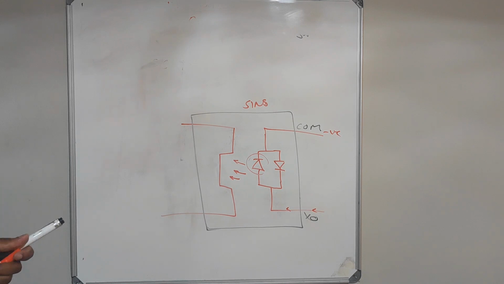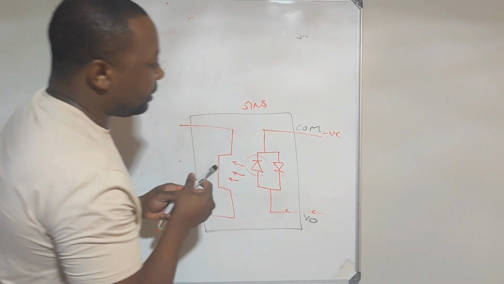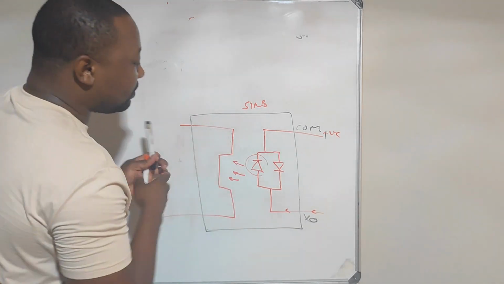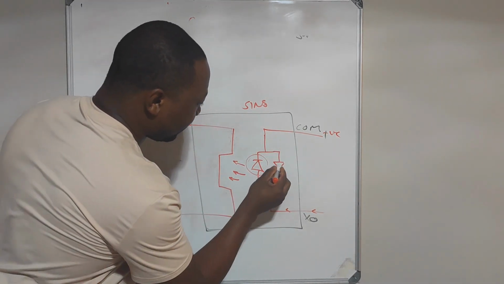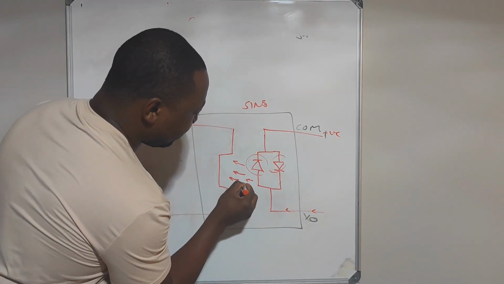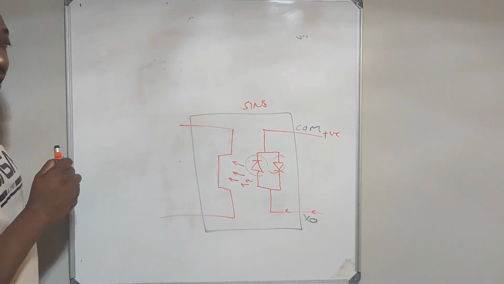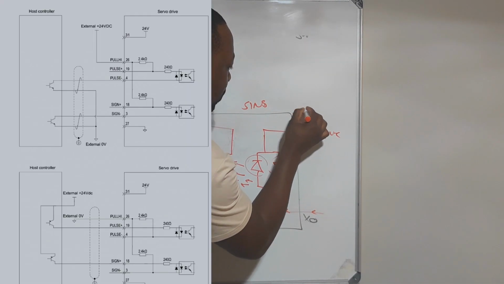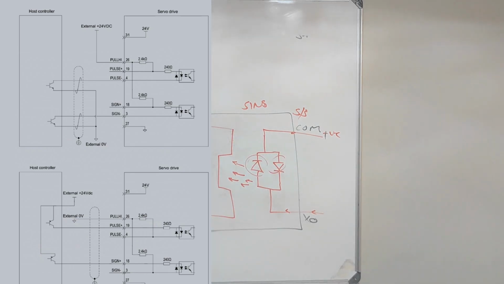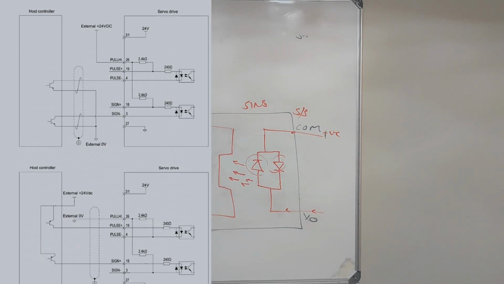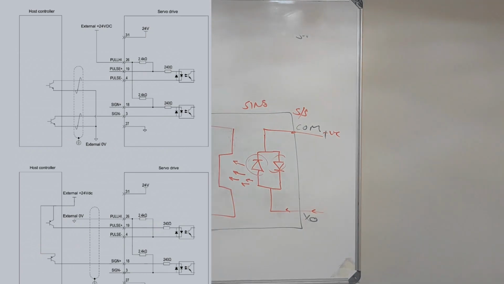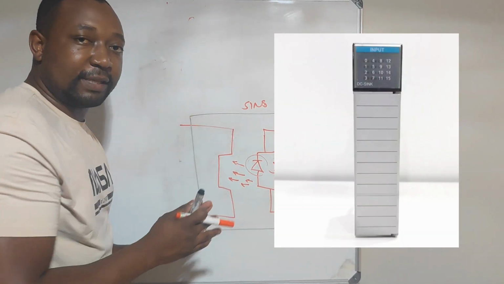And when you are sourcing, this one becomes your positive, and this one is the one that is conducting, sending the light to the photo transistor. So that's how this terminal can become a sync or source, or a common that takes both positive and negative. To determine if it's syncing or sourcing is up to you. But some come fixed, DC sync or DC source.